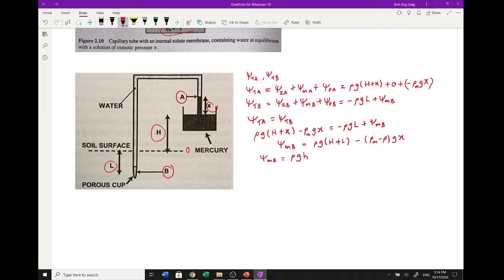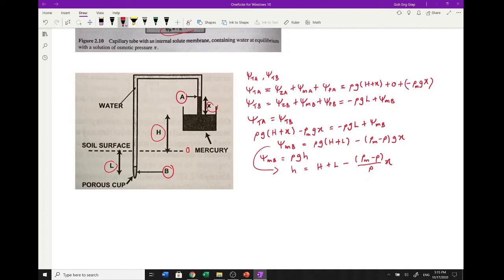Then h equals H plus L minus rho M over rho times X. Because we replace the matric suction potential with rho g h, we can cancel out the rho and the g on both sides.